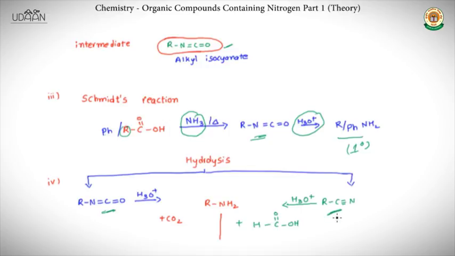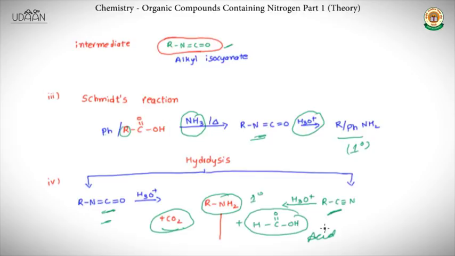Now upon the hydrolysis of these two, you are going to get a primary amine. The only difference between these two reactions is that in the first one you are going to get CO2, whereas in the second one you are going to get an acid. You will see how this is formed in your questions. Also, these were covered in your carboxylic acid chapter.